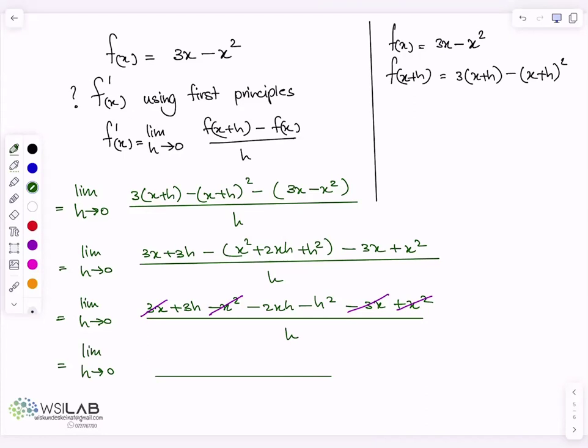Well, what about factorizing an h out of the 3 terms that are left? Yes, you can, because it's a commonality, and that will allow you to cancel the h at the bottom.